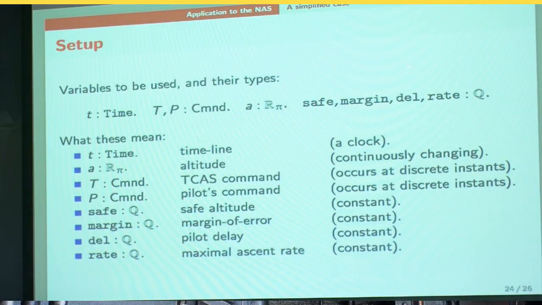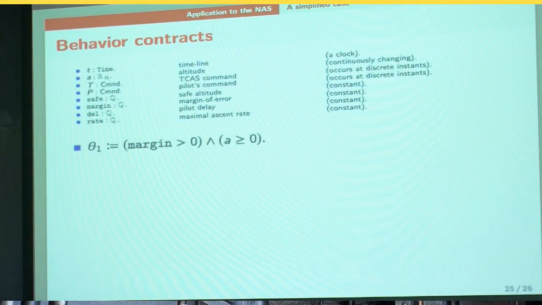And safe, margin, delay, and rate will be rational numbers. So t is like a timeline, A is the altitude, continuously changing. TCAS commands from the TCAS and the pilot occur whenever they want, at discrete moments of time. And these are four rational numbers. Why are they rational? Because, I don't know, think we real.